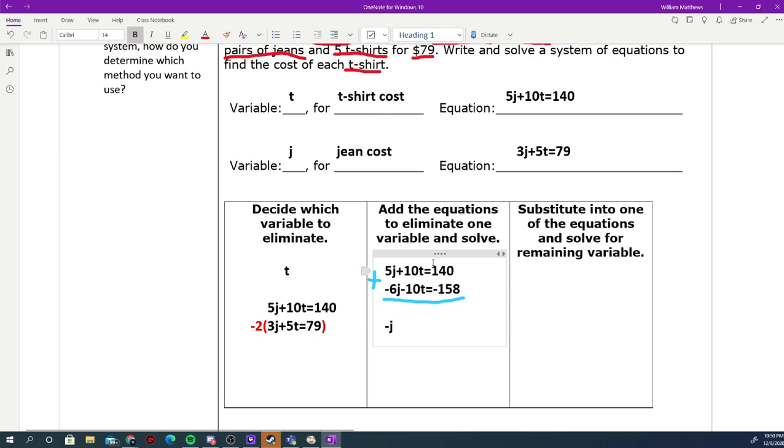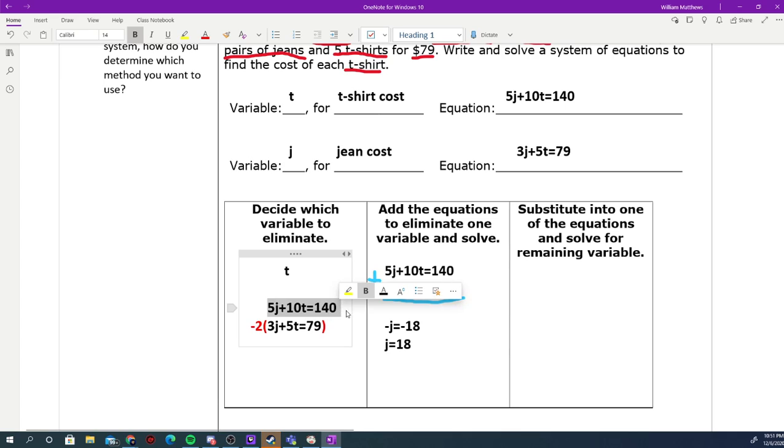Negative j, the t's cancel out, equals negative 18. I would divide both sides by a negative 1 so that I can get j equals 18.